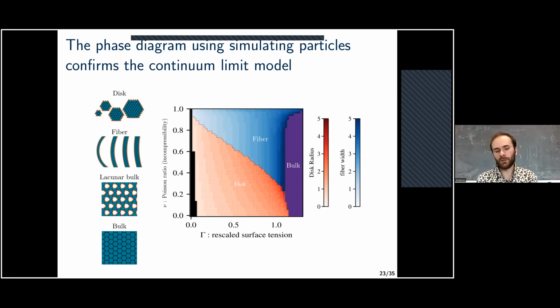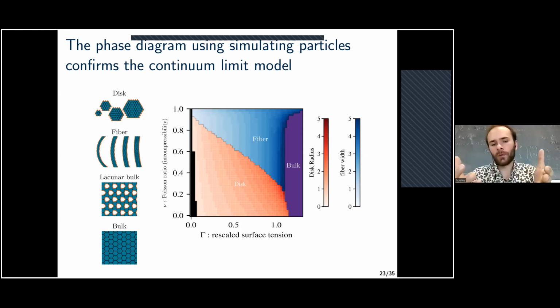That's a collective mode of deformation that stabilizes fibers even more, and it's only accessible to fibers. The disk cannot do such a deformation, and neither can the bulk. So it seems that the fiber overall offers more freedom to different modes of deformation than the one I explained before with this characteristic boundary relaxation scale.